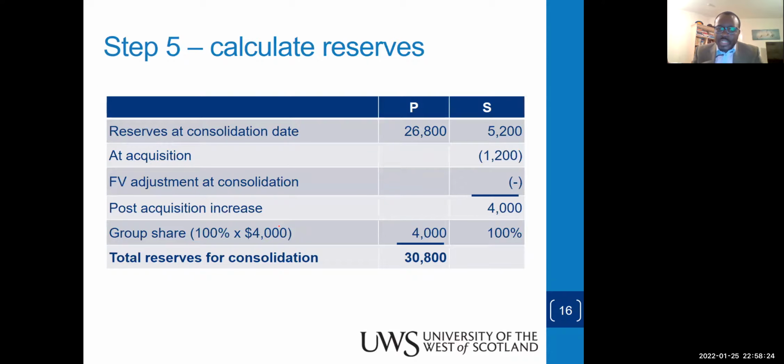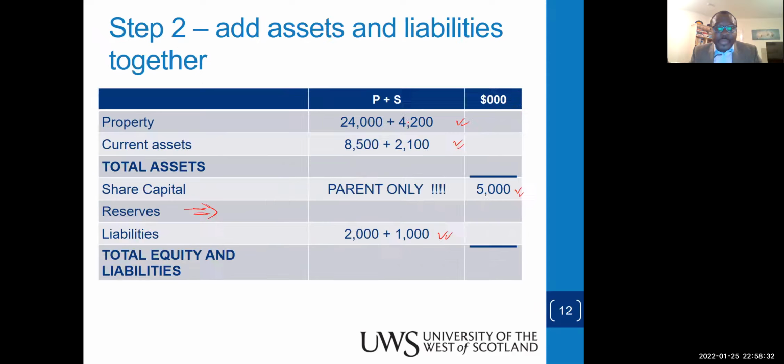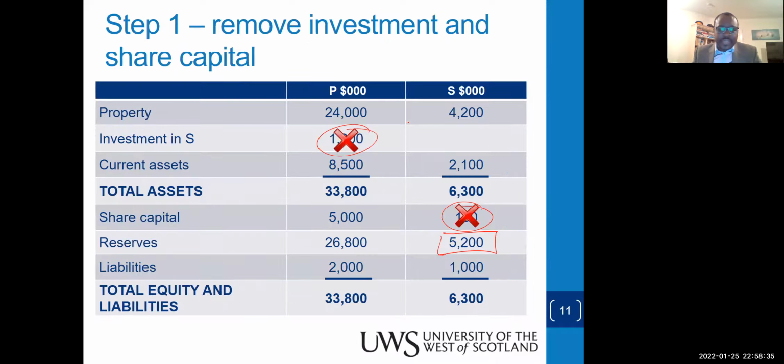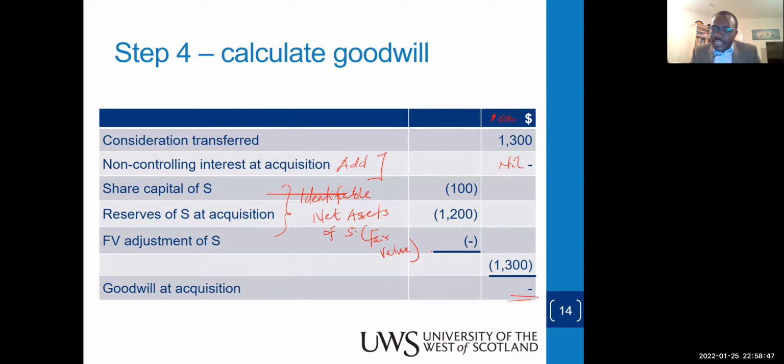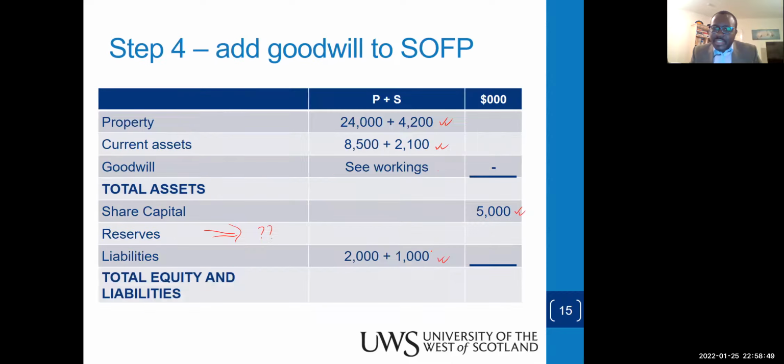So for the group reserves, first, consider everything of the parent, 26,800. If you go to the question, you realize that we are picking everything from the parent. What is the reserve? 26,800, and we are picking everything of the subsidiary as well, 4,200. After which we then adjust for any pre-acquisition profits or pre-acquisition retained earnings.